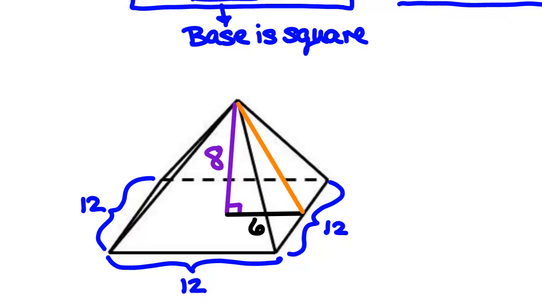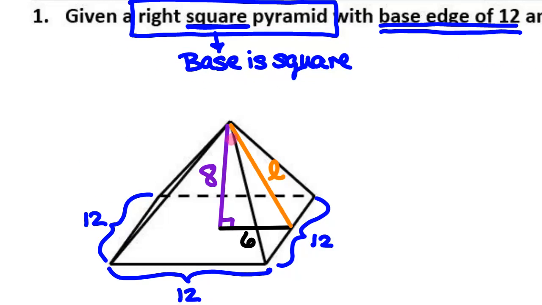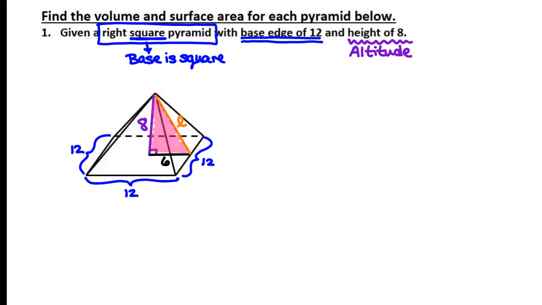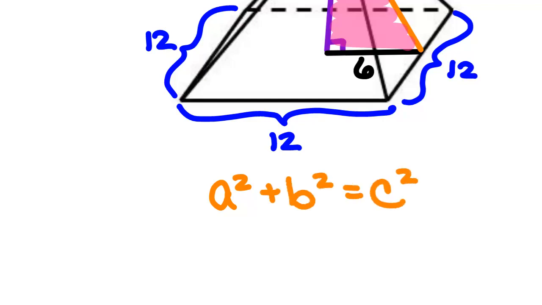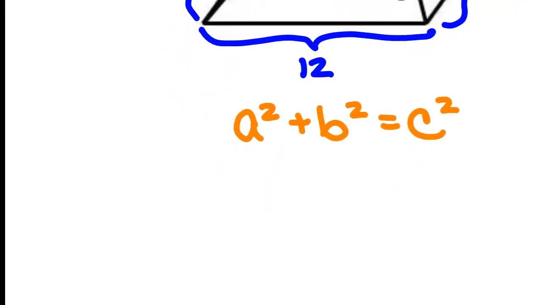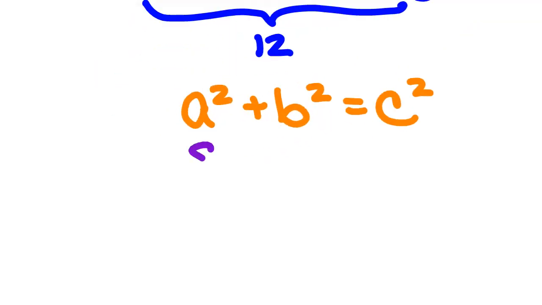Here's my slant height, L. I don't know how big that is, but what shape is this? Right triangle. So I can find that slant height by doing a squared plus b squared equals c squared. A, my altitude, is 8.